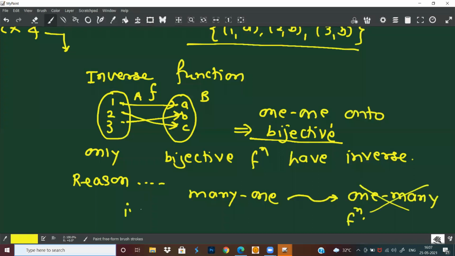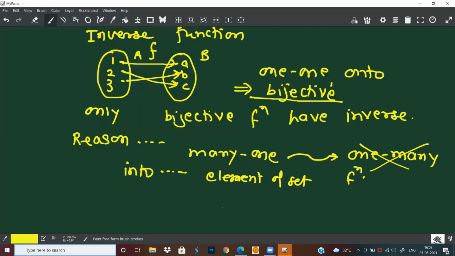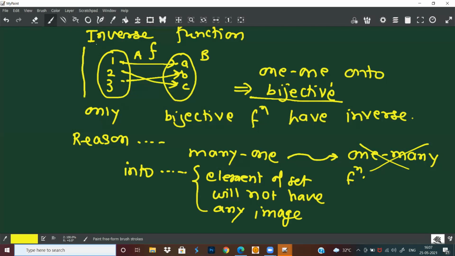कोई फंक्शन अगर इनटू होगा तो when you reverse it, element of first set will not have any image. Correct? So that is the reason only one-to-one and onto functions will have inverse.